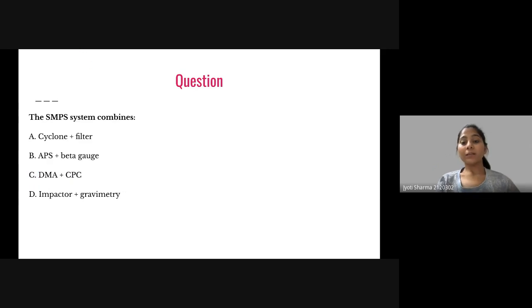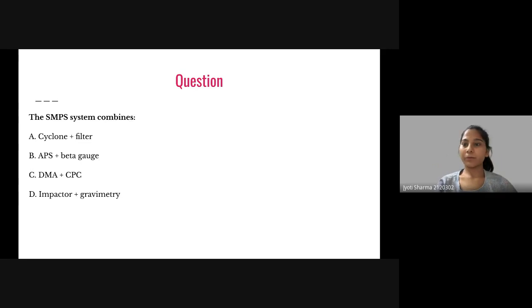Okay, another technique or instrument that we have is the SMPS system, that combines what? Cyclone plus filter, APS plus beta gauge. We talked about everything, right? APS, DMA, CPC, impactor, gravimetry.